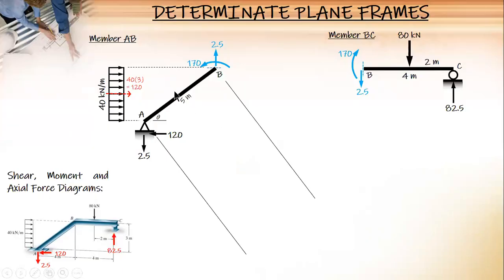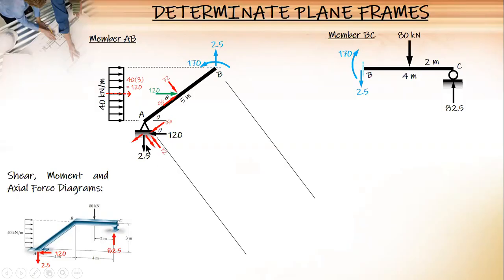Okay. So for the 120, these are the components. Cosine 0.8 times 120, you have 96. Sine is 0.6, 3 over 5, 0.6 of 120 is 72. And for this one, cosine, 120 times 0.8, 96, and 120 times 0.6, 72.